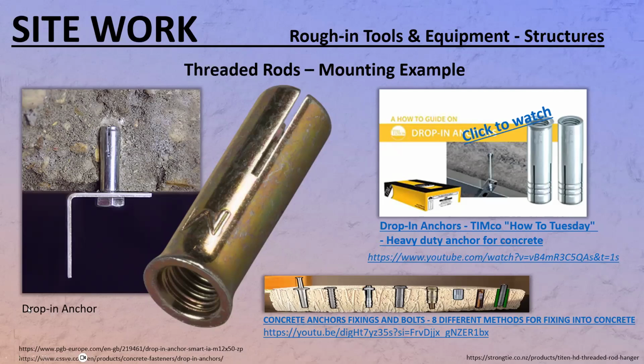So this is something that's called a drop-in anchor. You drill an appropriate hole in there, you drive that in by hammer, and there are certain attachments to drive that in with a hammer. If you have a lot of them to do, then of course you're going to either buy or rent a heavier drill. That makes it a lot quicker and easier to drill these types of holes in the concrete.